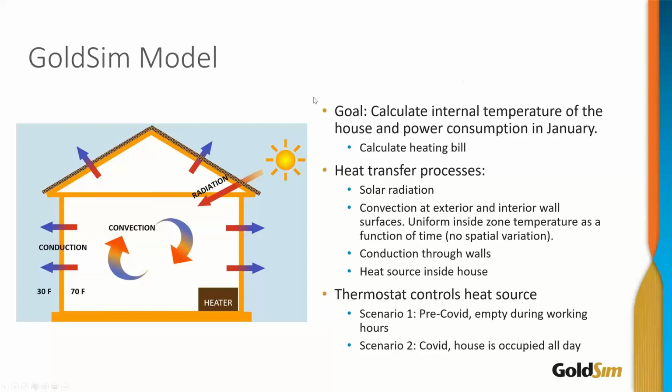We are going to model the solar radiation from the sun, the convection from the outside ambient environment to the outside surface of the wall and roof. We're going to model the conduction through the construction layers of the walls. And then inside is going to be a small electric heater to maintain a comfortable temperature for the occupant.